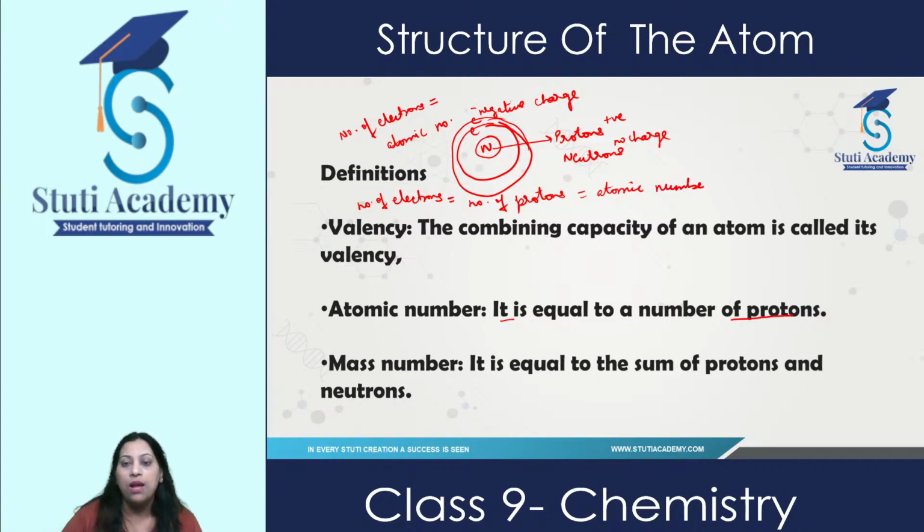So they all are equal. It means the number of electrons is equivalent to the number of protons, because we know that an atom is electrically neutral. And how does it become electrically neutral?